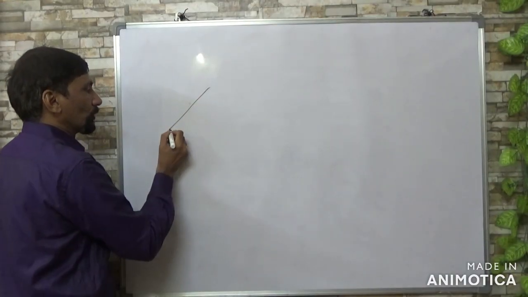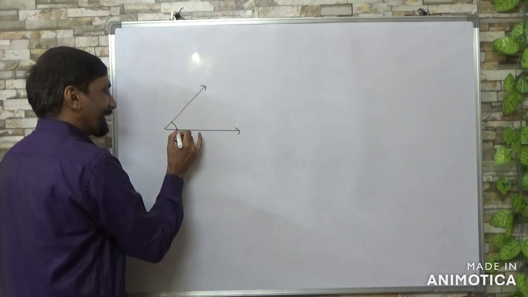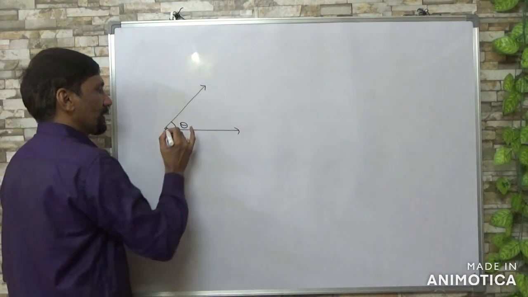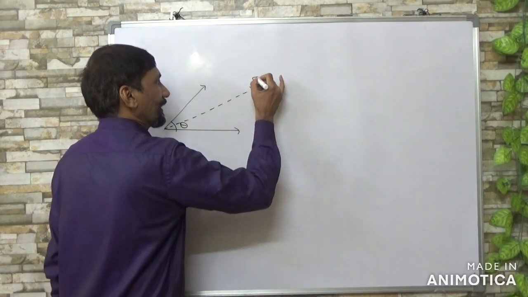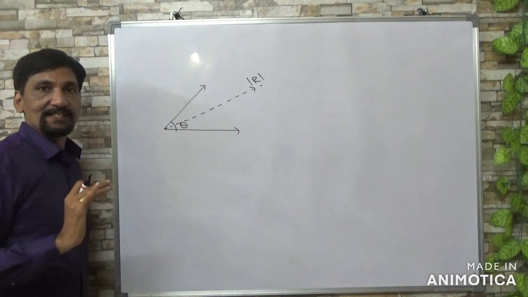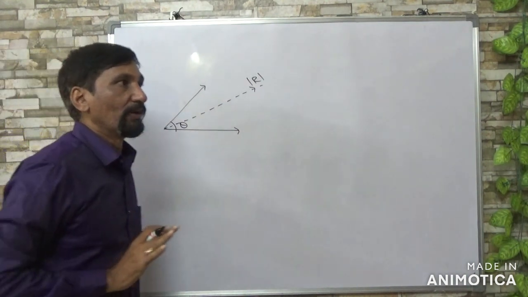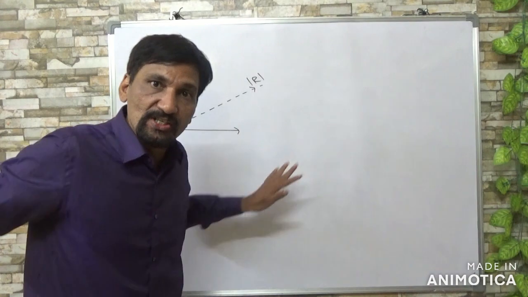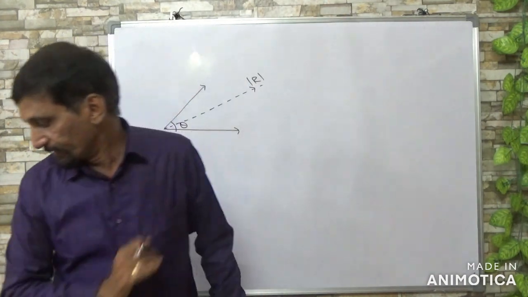Whenever 2 vectors are inclined at an angle theta, the diagonal gives their resultant. We have seen in the case of a flying bird, when the bird stretches its wings down, it will be moving in the diagonal direction.